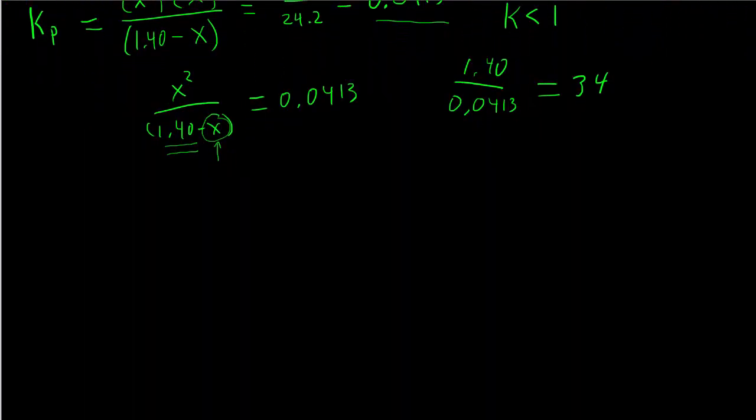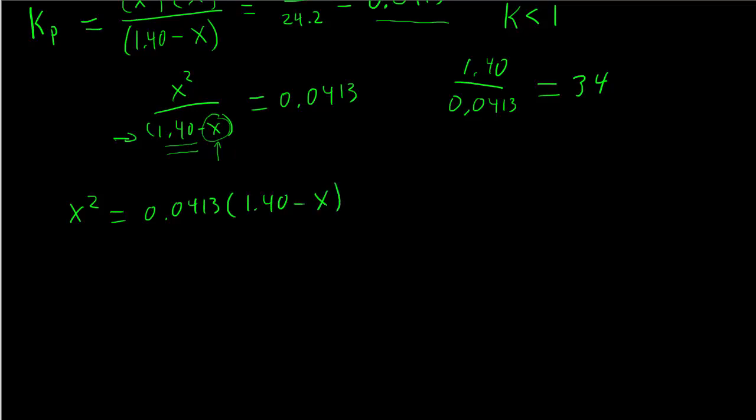So we want to get this in quadratic form. I'm going to take this term that's in the denominator and multiply this term in parentheses on both sides of this equation. And so I end up with x squared equaling 0.0413 times (1.40 minus x).